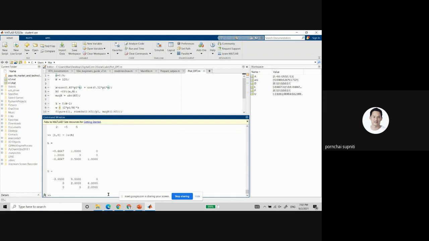If you do it like this, you will get L and U like this, which is not particularly the same as what we have. Also in our case, our L is all ones here because of the way we do Gaussian elimination. But here they do it differently, and so they get different U, but both work fine.